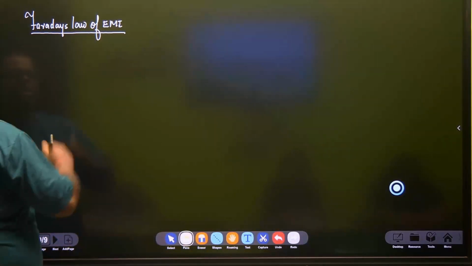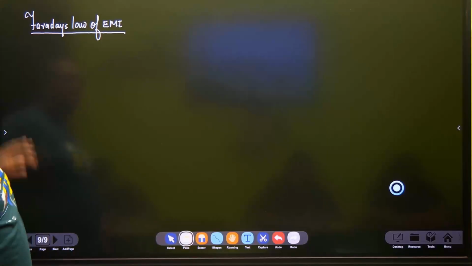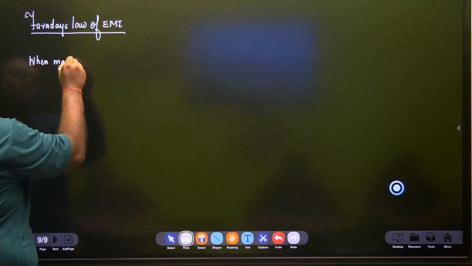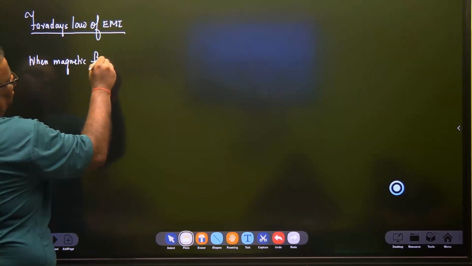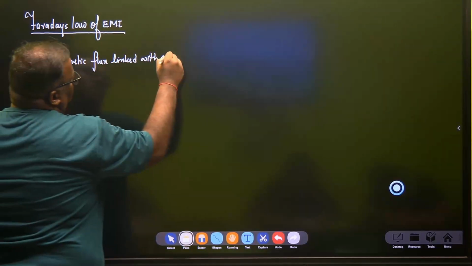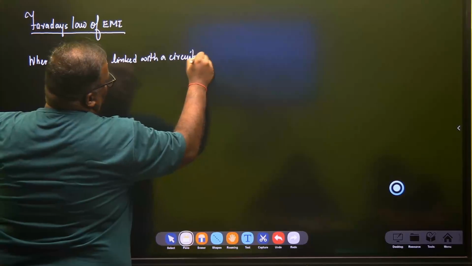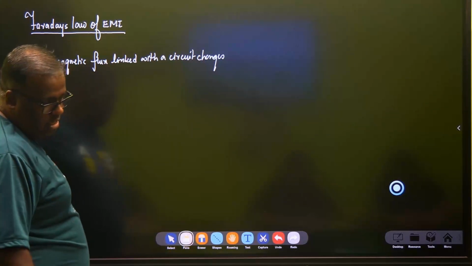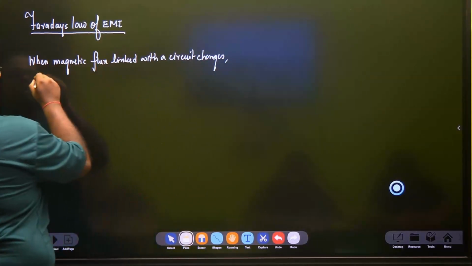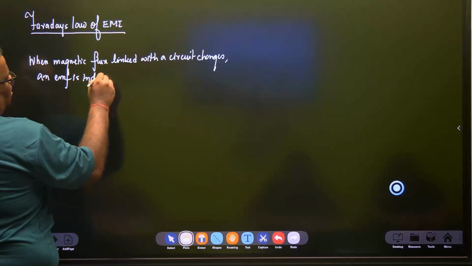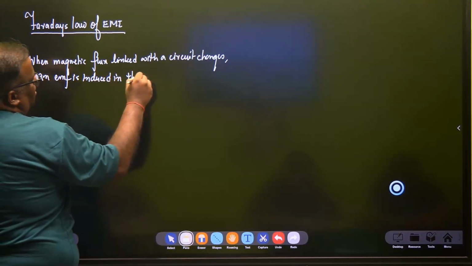So write down: when magnetic flux linked with a circuit changes, an EMF is induced in the circuit.